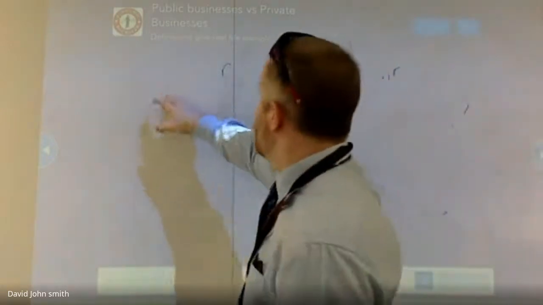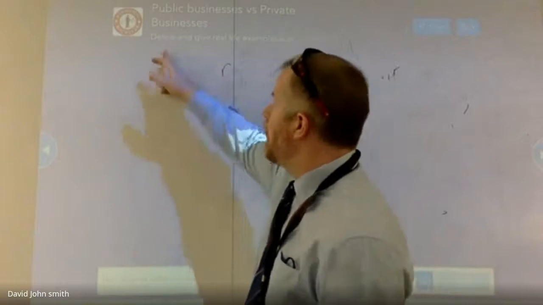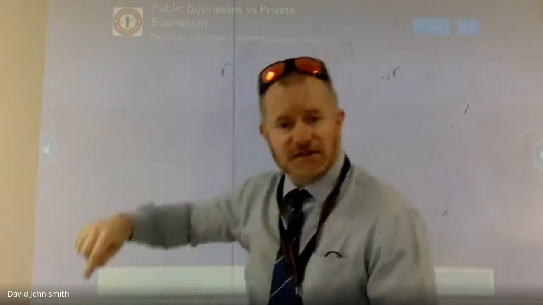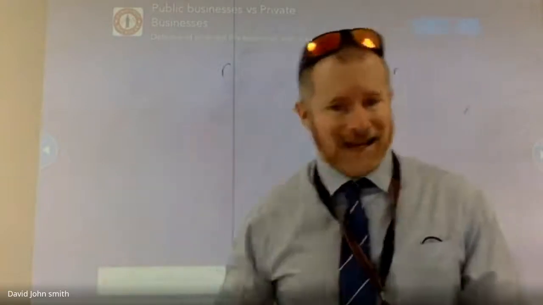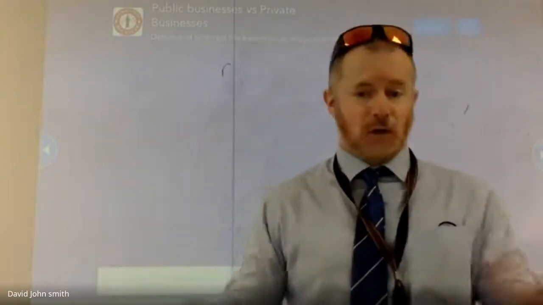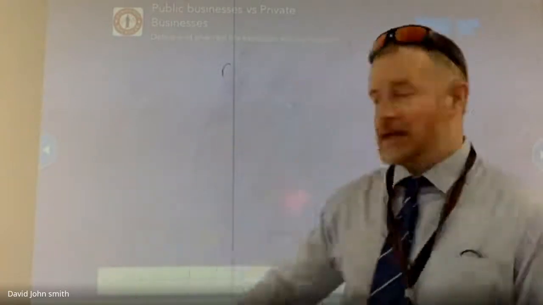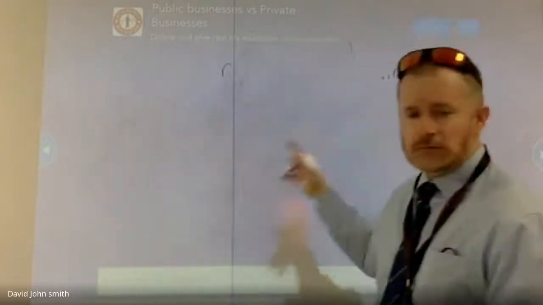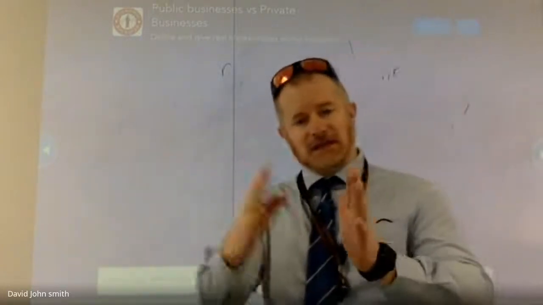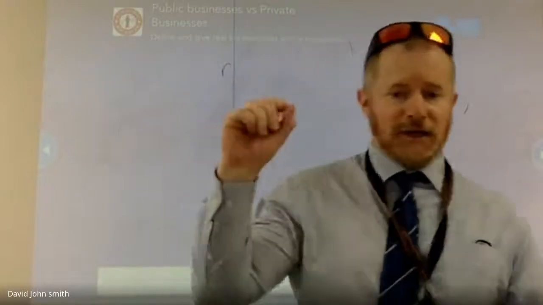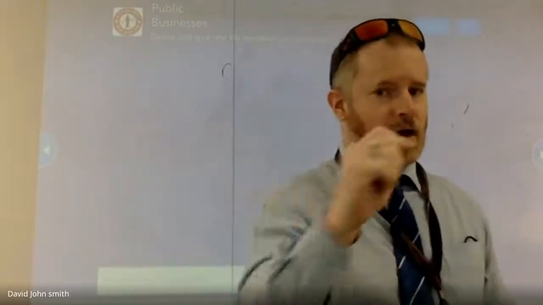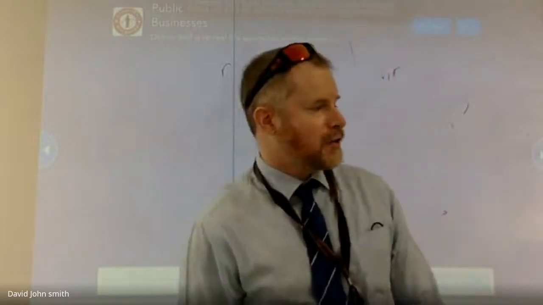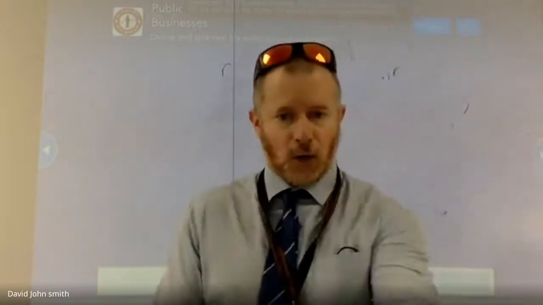What I'm wanting you to do is to try and define public businesses, define private businesses, and then give real-life examples of them. That's all I want you to do. It will appear like a post-it note here, and you'll be able to see everybody else's posts and like them as well, because there's a little wee heart button you can use. You've got about 30-odd seconds. Ready? Go.